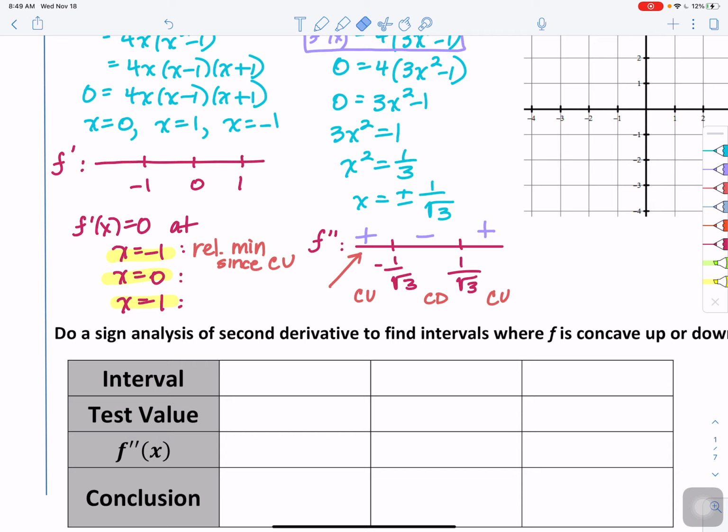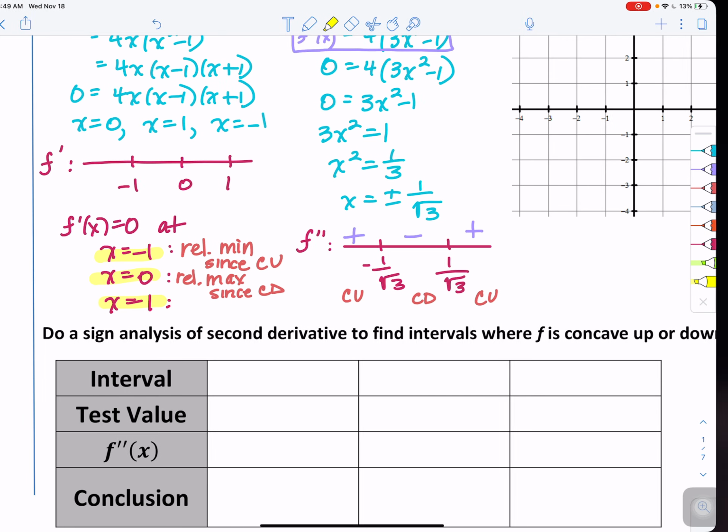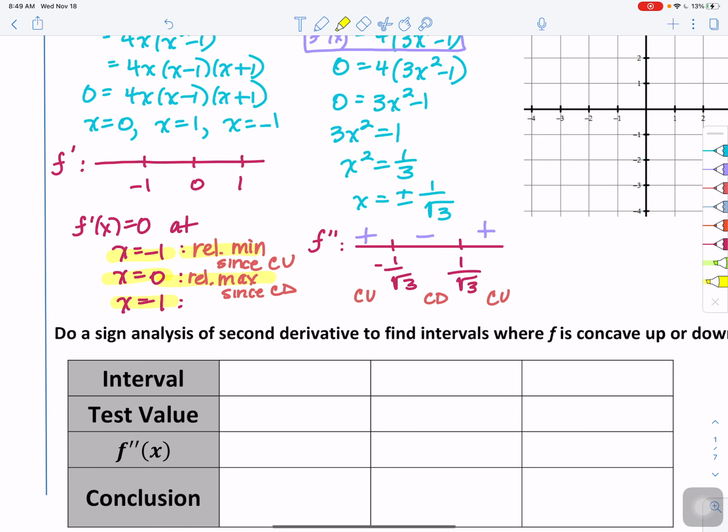And let's do the same thing here for x equal to 0. We have a relative max since we're concave down. And then at x equal to 1, we have a relative min since we're concave down.